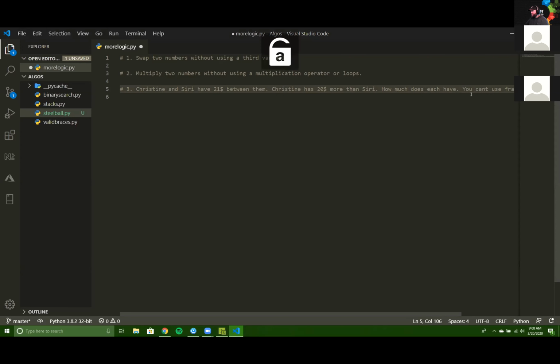Is it just me, or is this literally as easy as it sounds? Christine and Siri have $21 between them. Christine has $20 more than Siri. That sounds like a sixth grade logic problem. So Siri has $1 and Christine has $20 more than Siri.